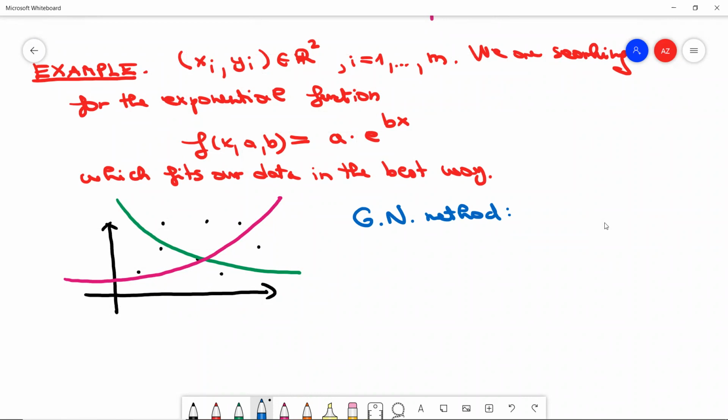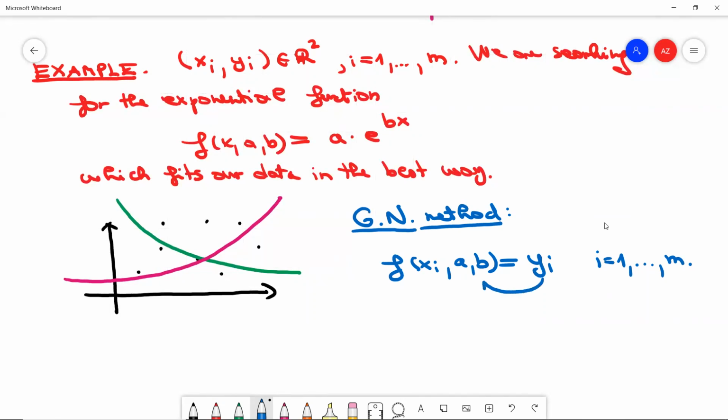So Gauss-Newton method, what we want to do, so we want to solve this system f of xi, a, b is equal to yi, and this is for every point, for i which goes from 1 to m. And as we said at the beginning of this chapter, we put those y's on the left-hand side. So we have f of xi, a, b minus yi is equal to 0 for every i.